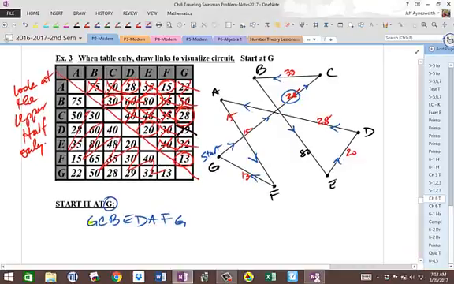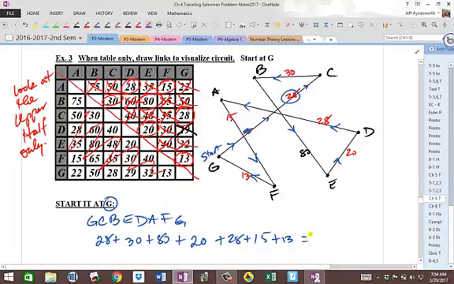So starting at G, so 28, don't look here. 28 is GC, so 28 plus 30 plus 80 plus 20 plus 28 plus 15 plus 13.